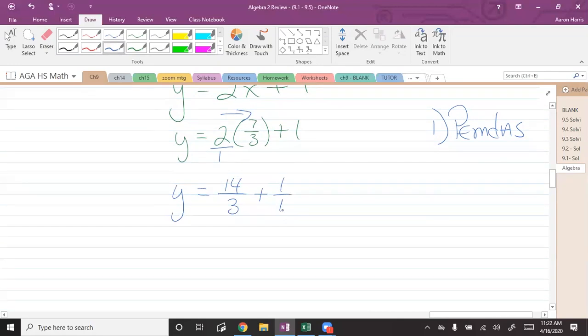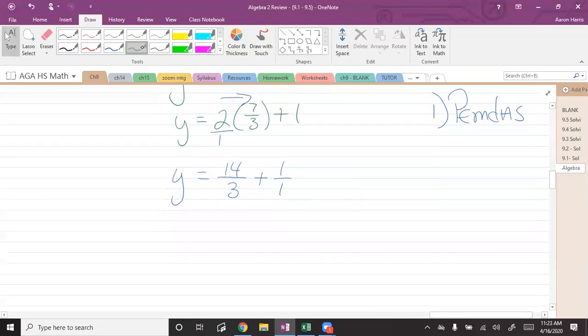No. How do I make the denominators the same? Multiply by 3 for the 1, right? Because I will get now 14/3 plus, what's 1 times 3? 3. Isn't that still 1?